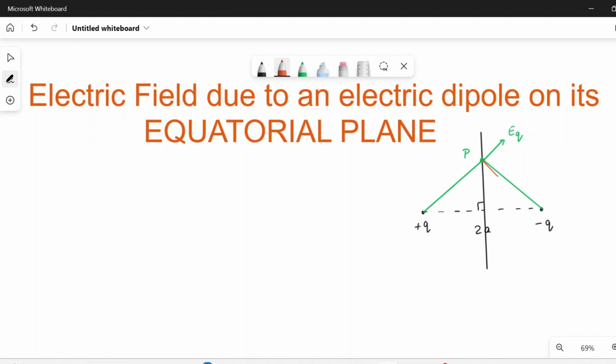So we can redraw this line here. It will be along this side, E minus Q.